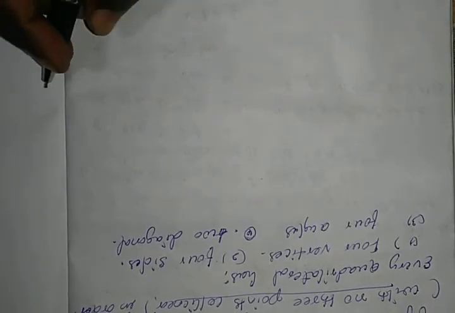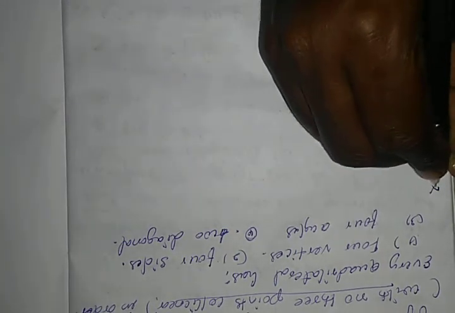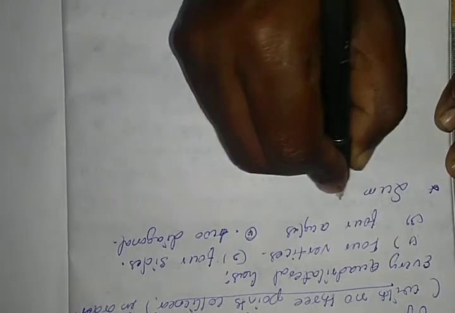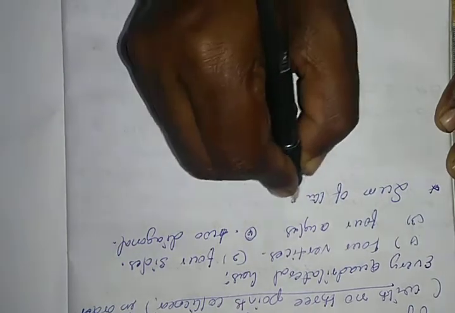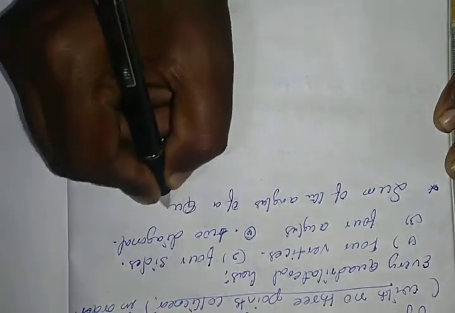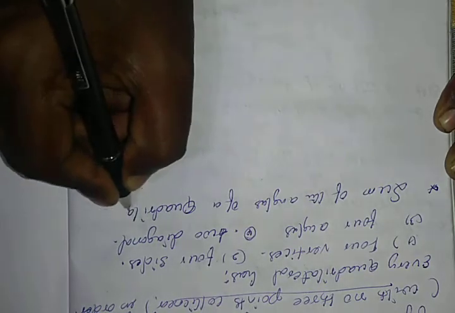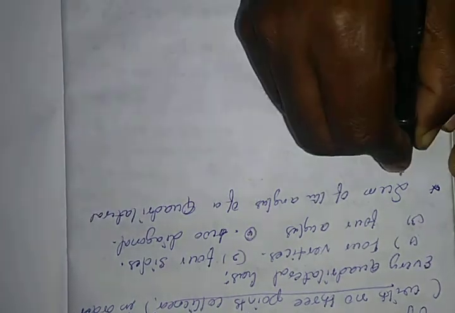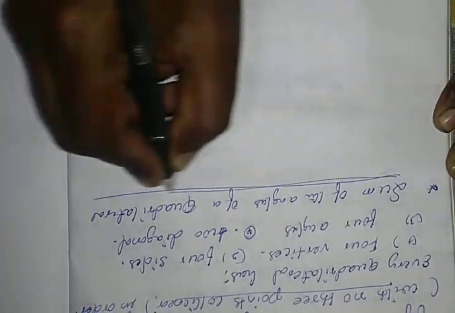Next, the sum of the angles of a quadrilateral. How many angles are there in a quadrilateral? There are 4 angles.